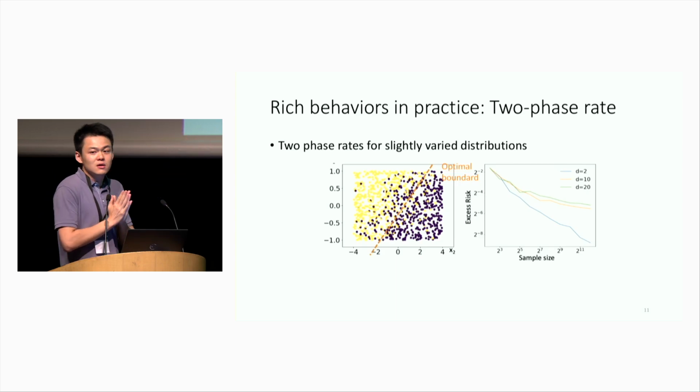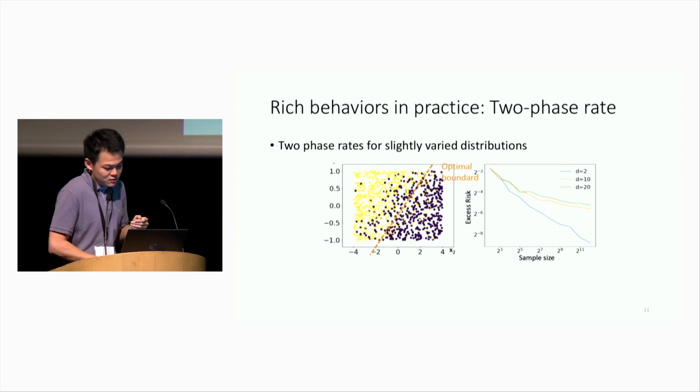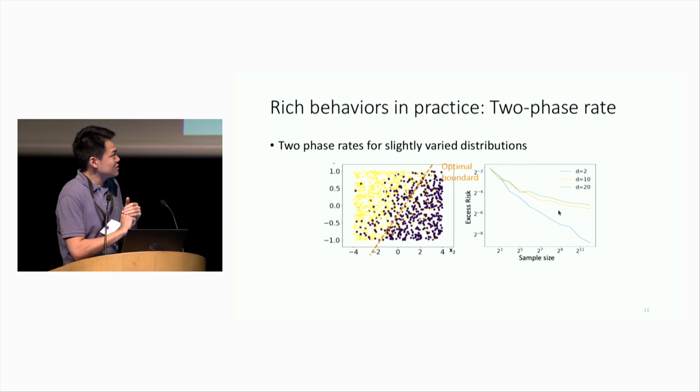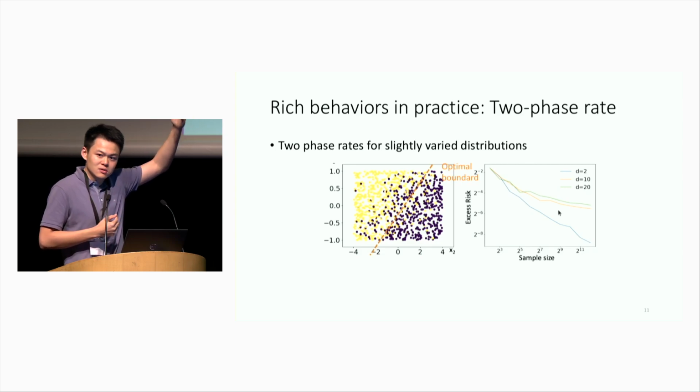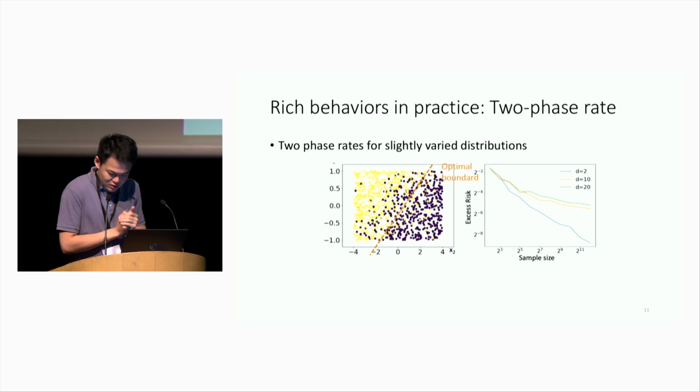Then we no longer benefit from this benign rate. If we look at the convergence rates, the slope is changing with respect to d. This suggests that even though we have a very simple decision boundary, k-nearest neighbor doesn't always achieve parametric rate. So this is the motivation of our work.